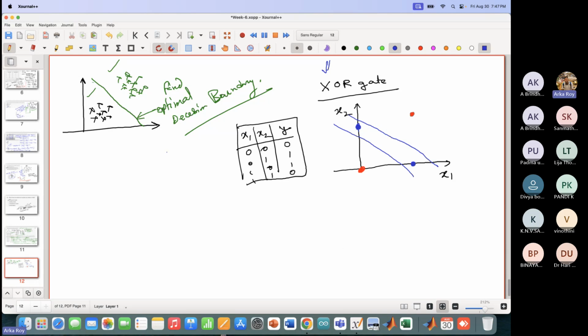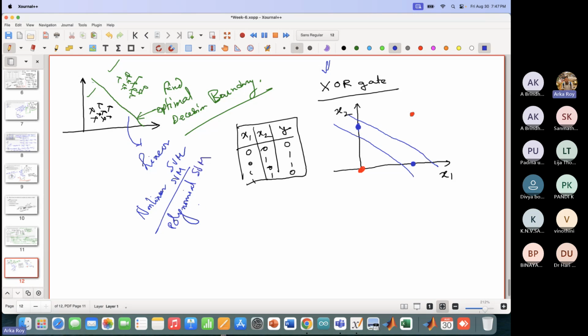You have also seen that this particular SVM is a linear SVM. And you have seen another class of SVM, the nonlinear SVM, which is also called polynomial SVM.